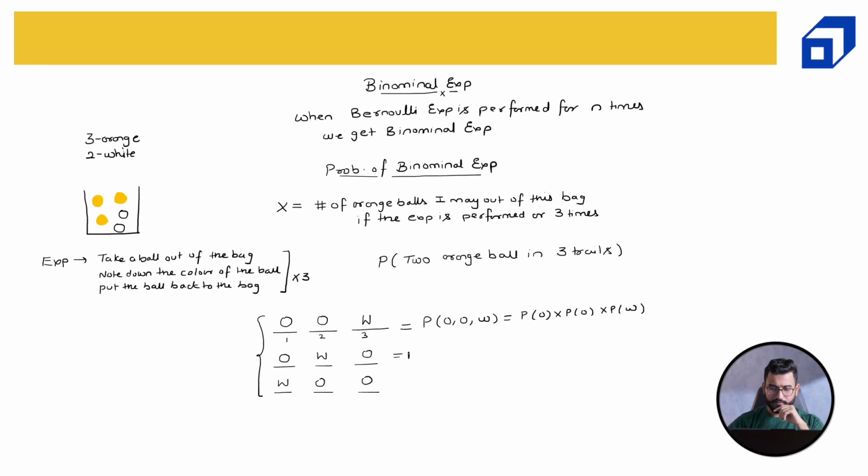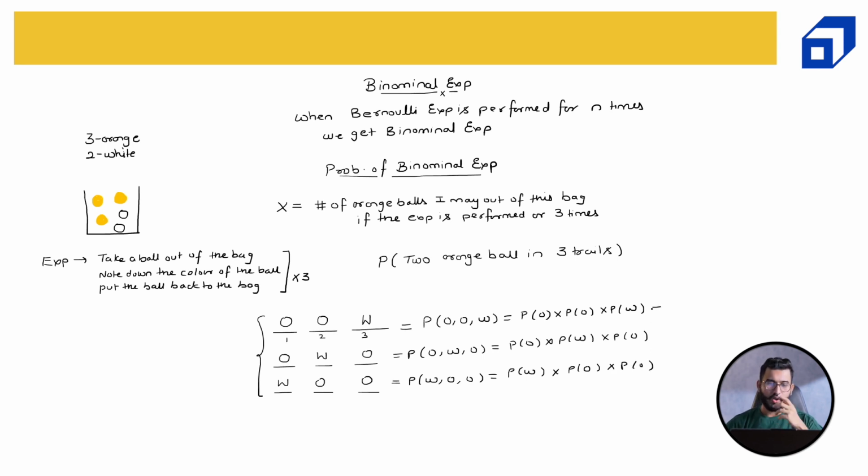Similarly, orange, white, orange would be probability of orange multiplied by probability of white multiplied by probability of orange. Then white, orange, orange would be probability of white multiplied by probability of orange multiplied by probability of orange.